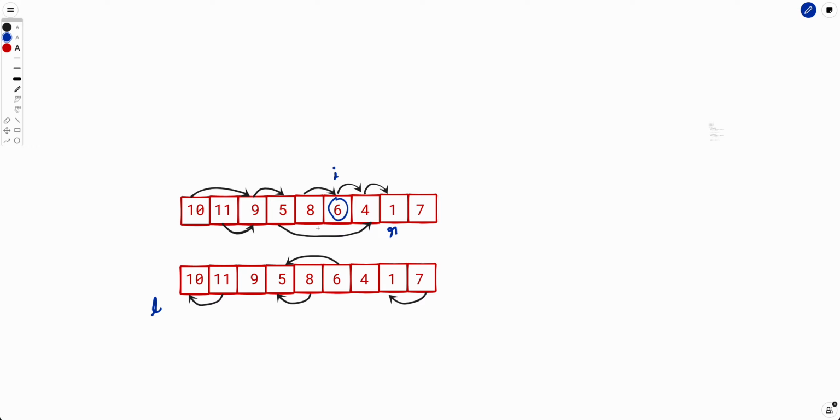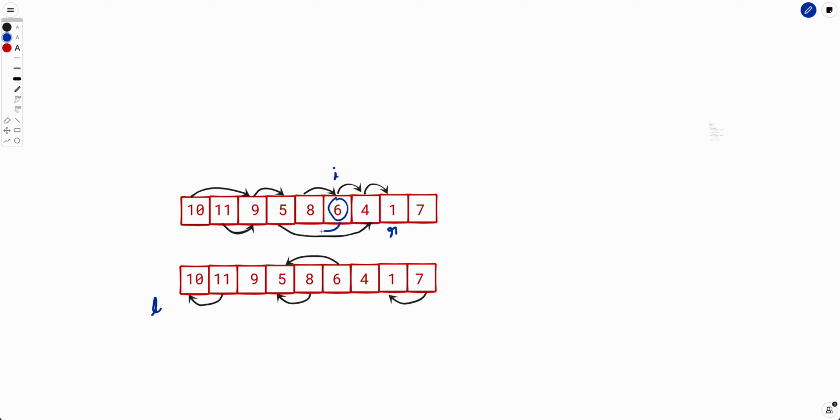But here we saw that if 6 is not the largest element, then the condition might not be satisfied. So this L and R are tentative L and R, right? We will get the actual L and R if 6 is the largest element in this range. For that you can simply use next greater element and previous greater element.